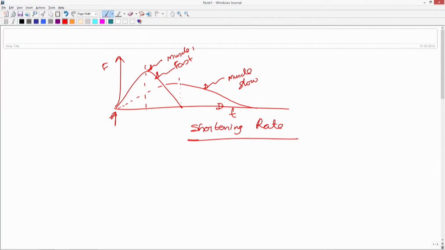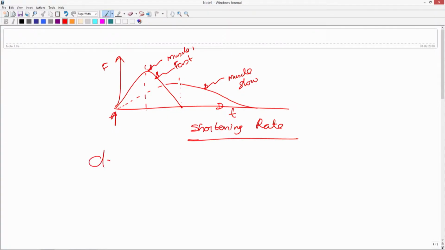There are different reasons, we are going to see one by one, but for the time being you have to understand that the shortening rates are different for different muscles. Now, according to how different muscles are shortening, people have classified the muscles. Okay. So, classification of the muscles based on the shortening rate is important.